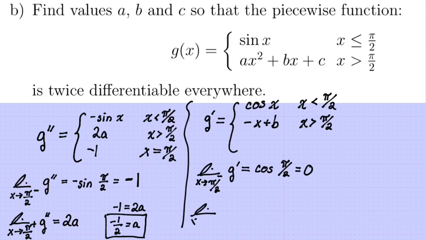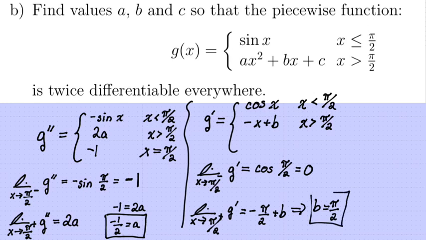The limit as x goes to pi over 2 from the right of g prime, that's just going to equal negative pi over 2 plus b. And that means that b must equal pi over 2, so that the first derivative is 0 at x equals pi over 2.